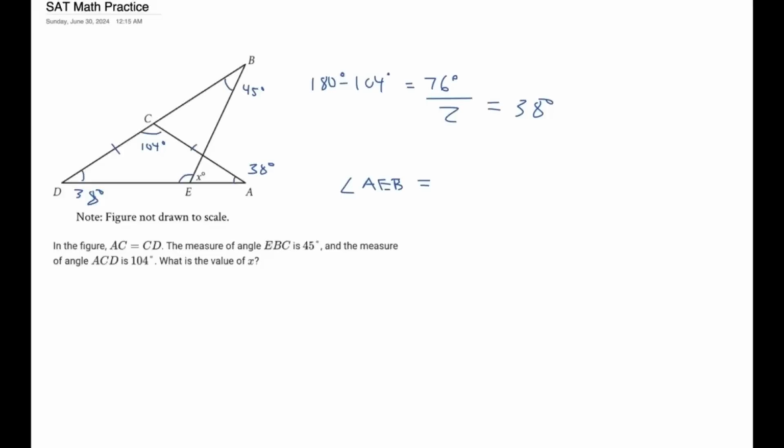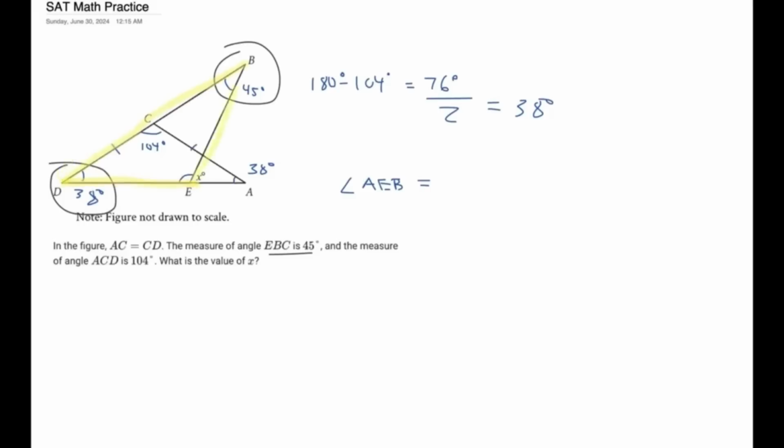Well, it's actually pretty interesting because they gave us the measure of EBC, this angle up here, and we just figured out the angle of BDE. And so these two angles make up a portion of this triangle, right? So it's this triangle right here. Oops.